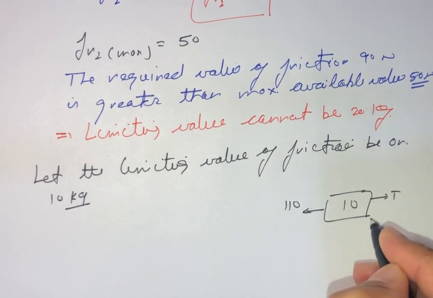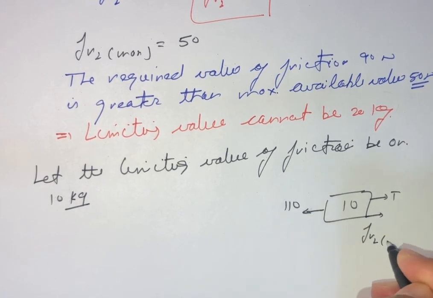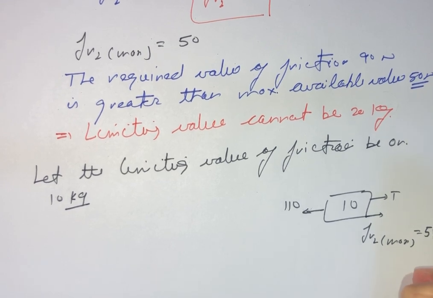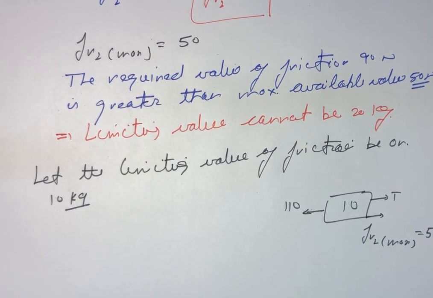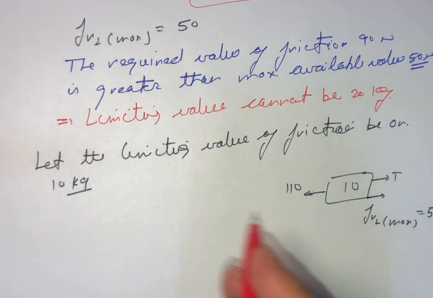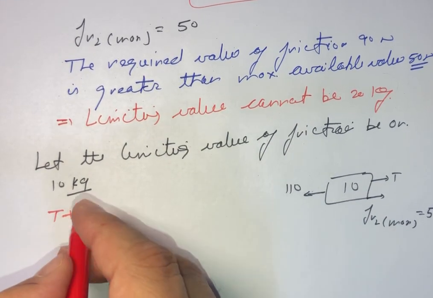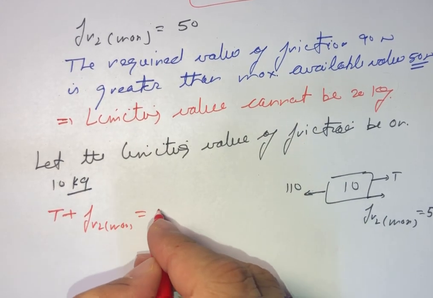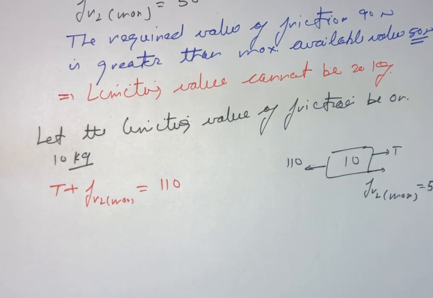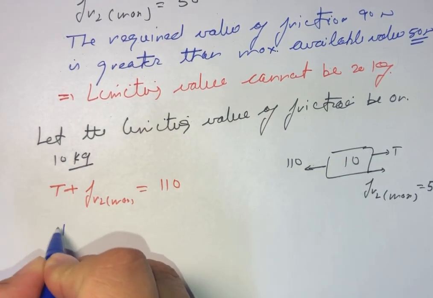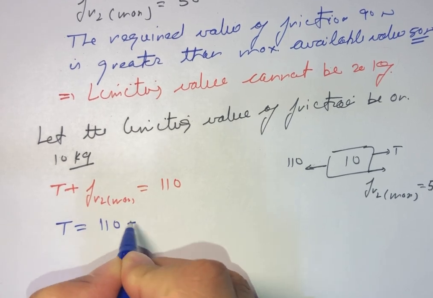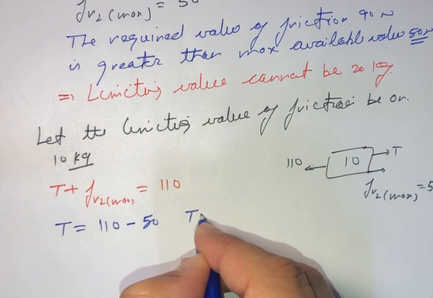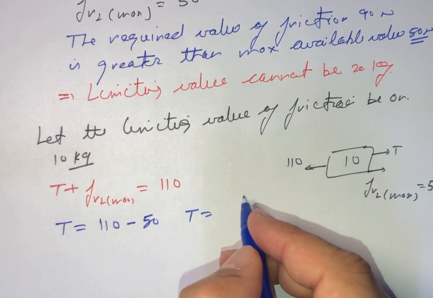There is tension T and this will be FR2 max, and whose value is 50 Newton. So we can find out our value of T. We can see that T plus FR2 max is equal to 110, or we can say T will be equal to 110 minus 50. So we get T will be equal to 60 Newton.